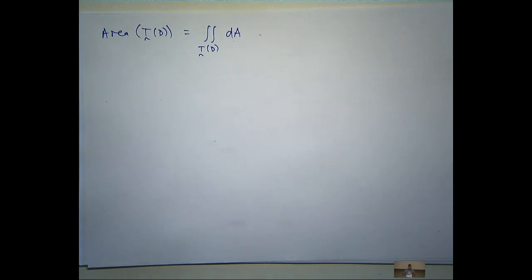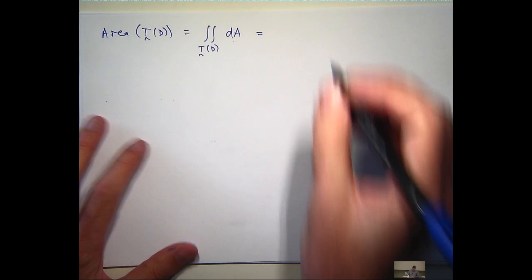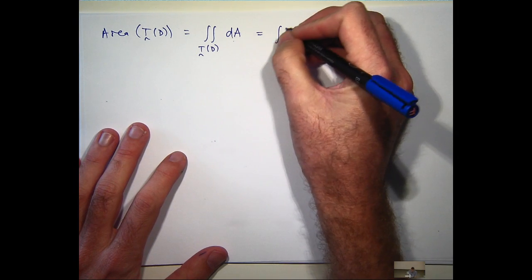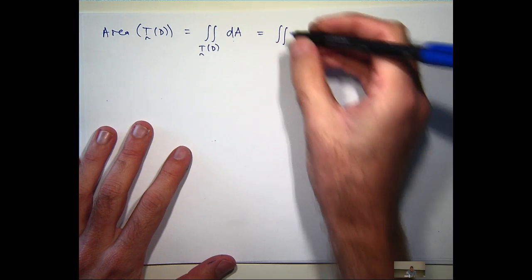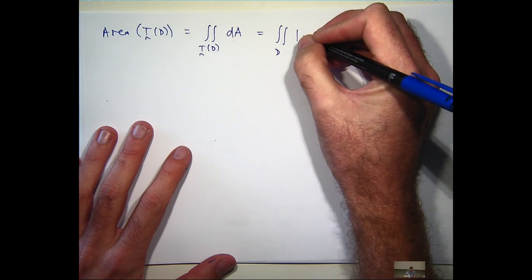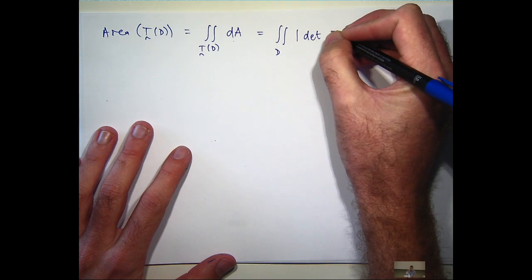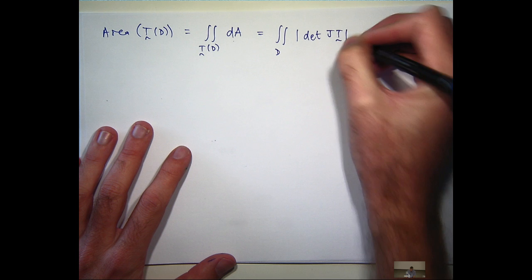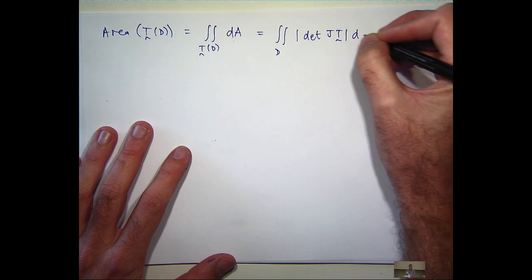Now this double integral is hard to calculate, probably because the region T of D is not simple. It doesn't appear to be simple. So what we're going to do then is use our change of variables formula, again with f just identically equal to 1, and integrate the following over D.